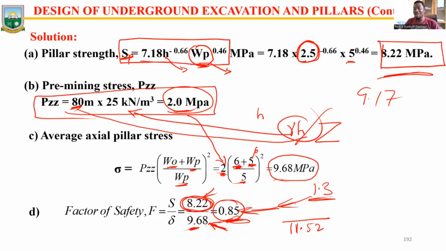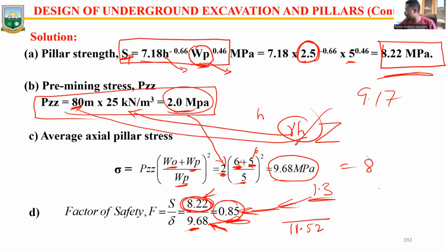So we are trying to see what can happen if a particular component changes. So let's reduce this one by 1 and have 5 plus 5 over 5. That would be 2. 2 to the power 2, that is 4. 4 times 2, that would be 8. So this will be equal to 8. So let's go and use, okay, and it doesn't affect this one, right? This is not affected. The pillar strength is not affected if we reduce the room of the pillar, the room span. Yes.